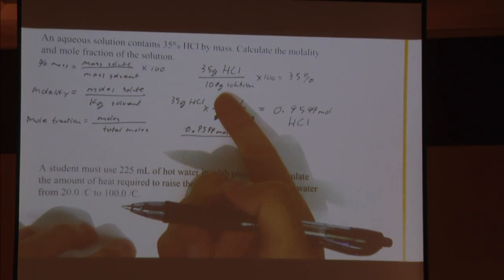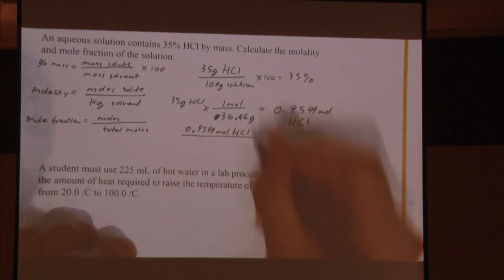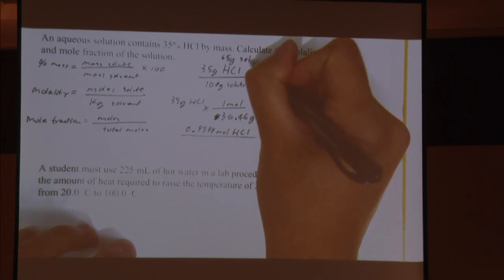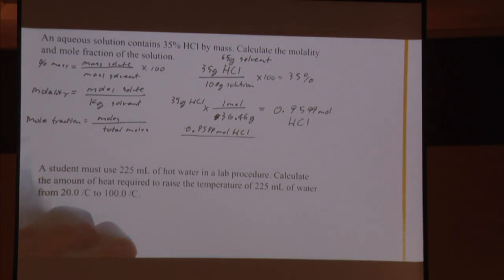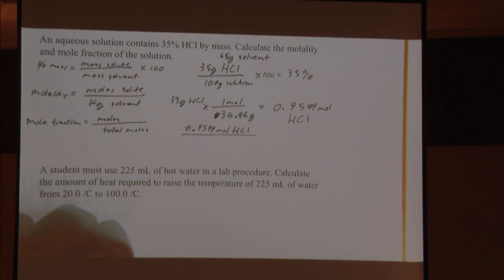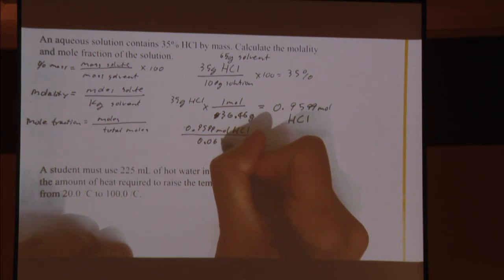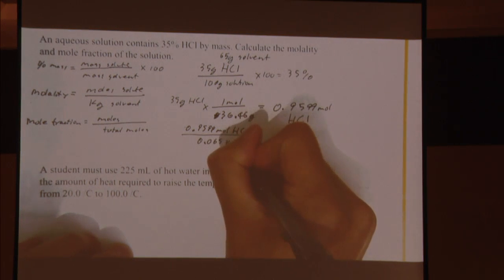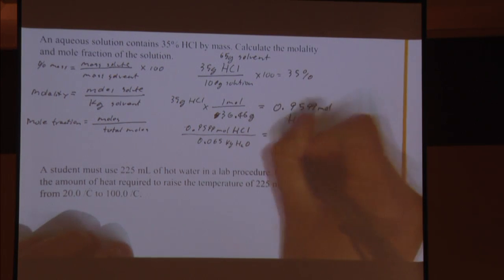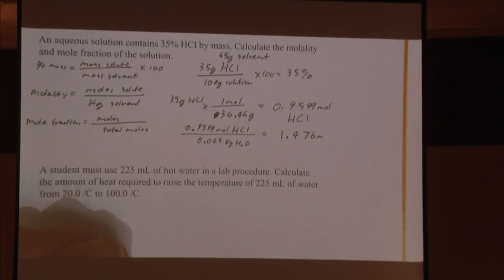Because we have 35 grams of hydrochloric acid, that must mean we have 65 grams of solvent. Whenever we talk about an unidentified solvent, it's usually water. And so dividing this out, we get 1.476 molality.